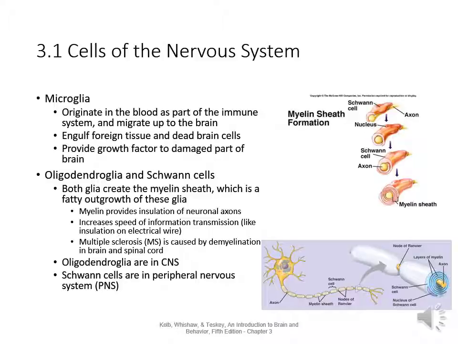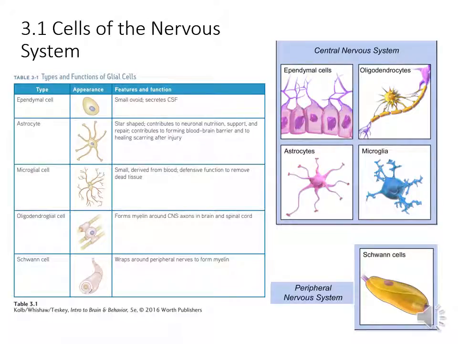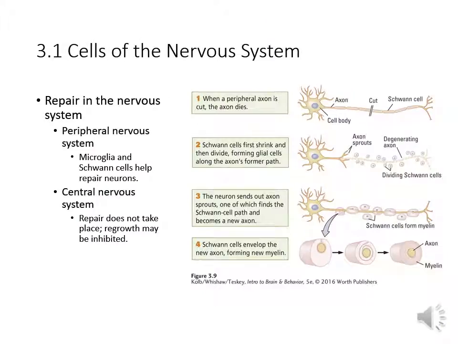And you can see up here the way that the Schwann cell forms the myelin sheath is it kind of wraps itself around the axon literally, and then creates this outgrowth of the fat or the lipids to surround the axon, and then it keeps this up, tends it to make sure that it's healthy. Okay, and this is just an overview of those 5 types of cells that we discussed.